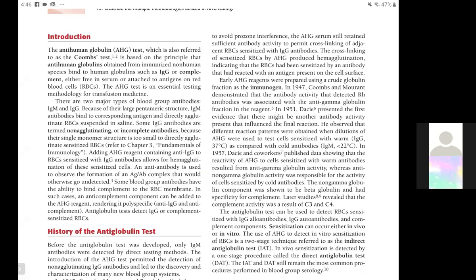Now, the cross-linking of these sensitized RBCs by IgG produces the hemagglutination, indicating that RBCs had been sensitized by an antibody. So if we add the AHG reagent, which is an anti-human globulin, first derived from rabbit sera, the heterospecific antibodies were absorbed out and the remaining antibodies were diluted to avoid prozone interference.